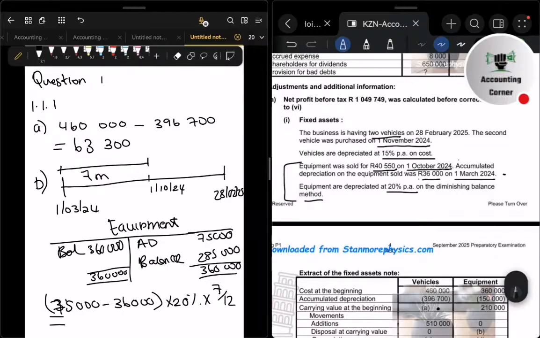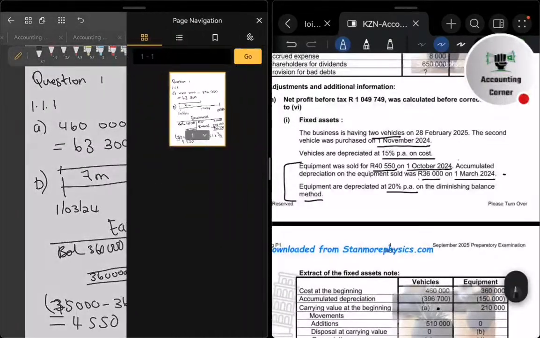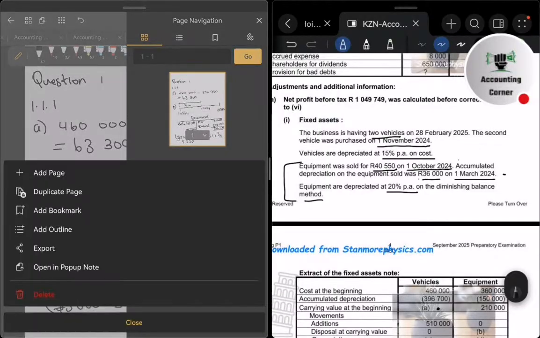Let's calculate that. 75,000 minus 36,000, multiplied by 20%, multiplied by 7 over 12. That will give you a total of 4,550. That's the depreciation for our asset. Okay. Add a page.